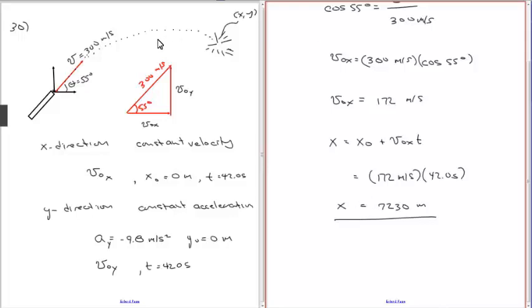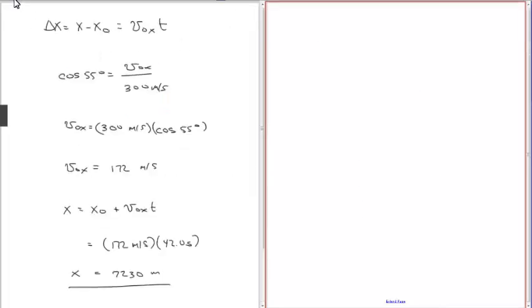Now to find the y displacement, we have, well, what are we given? We're given v0y, acceleration, and the time. So we'll use this equation which says delta y, which is y minus y0, is equal to v0y times t plus 1/2 a sub y t squared.